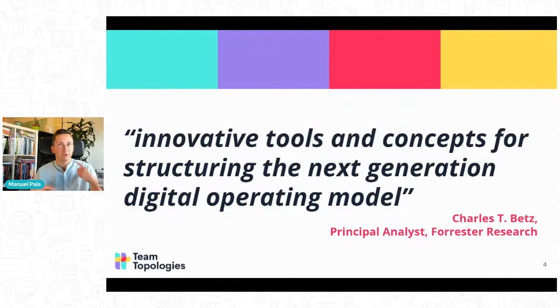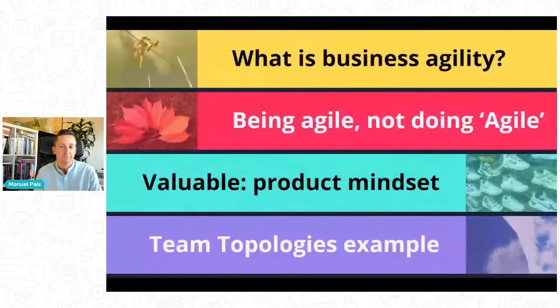It's about thinking about what we need to do and how we should organize for that, and evolve as needs change. The talk itself has 4 parts, and we're going to start by discussing what business agility is, which a lot of you might have heard about during the conference as well.